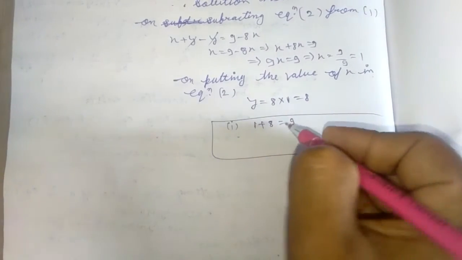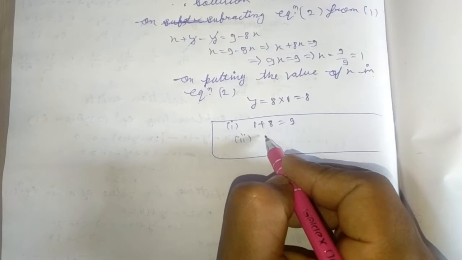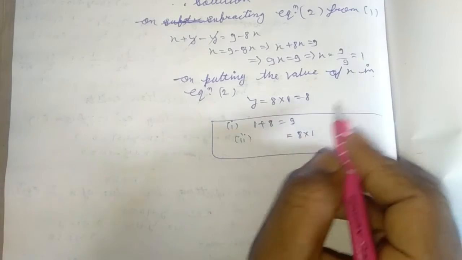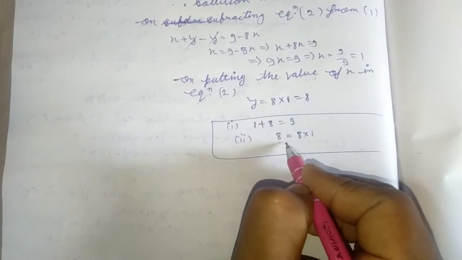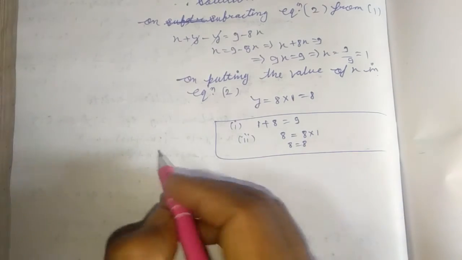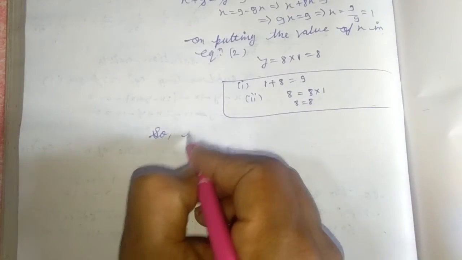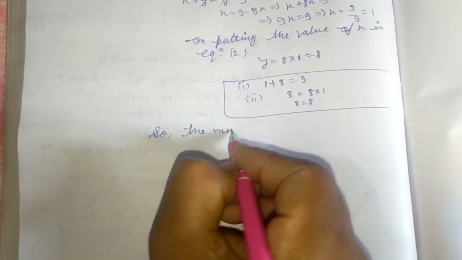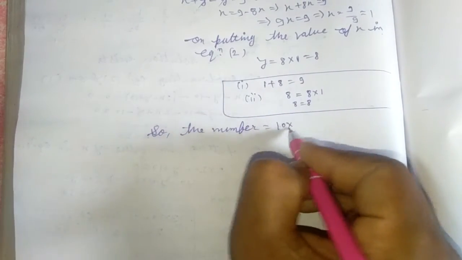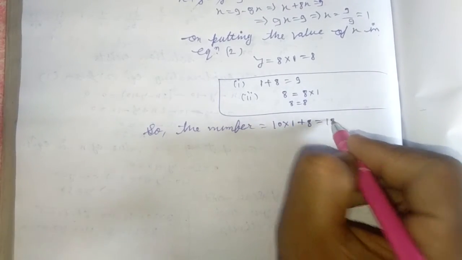Now solve, you will get 9. And also in the second equation, the value of x is equal to 1, so 8 into 1, and the value of y is equal to 8, you will get 8 is equal to 8. The second equation is also satisfied. So we can say that the number is equal to 10 into 1 plus 8, which means 18.